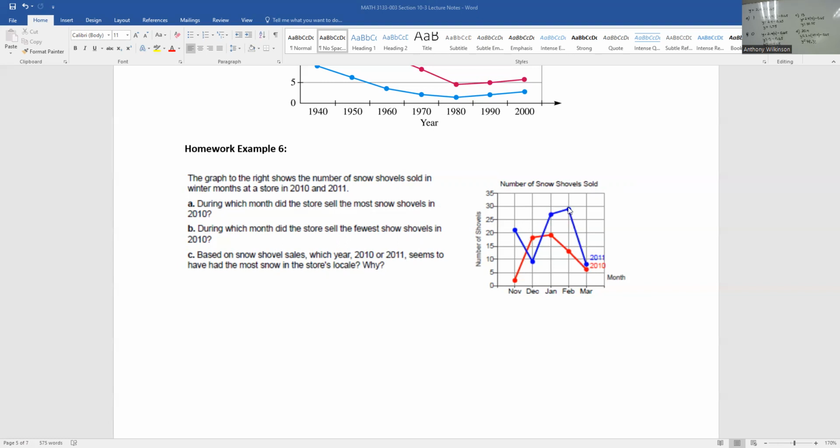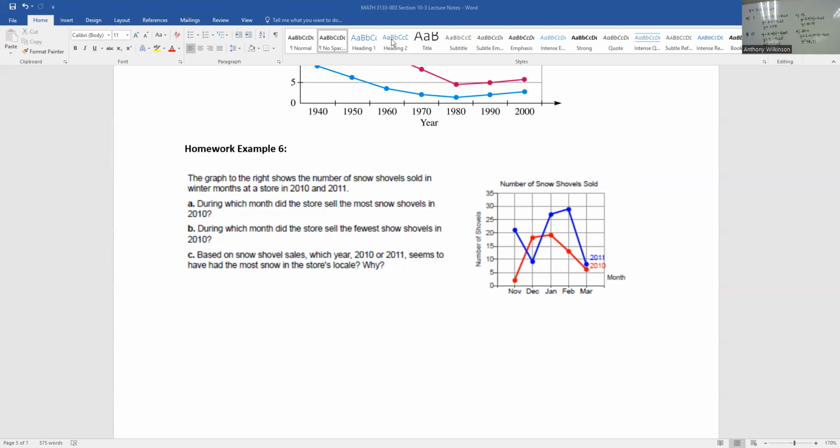They sold more shovels in January and February. In January and February 2011, they sold more snow shovels than they did in January and February 2010. All right, questions on example 6?